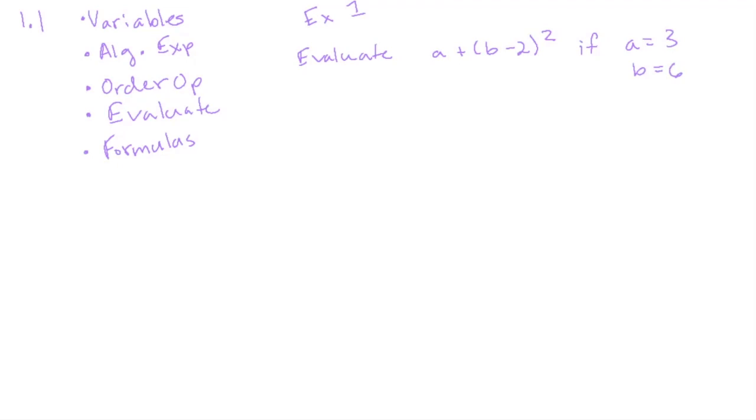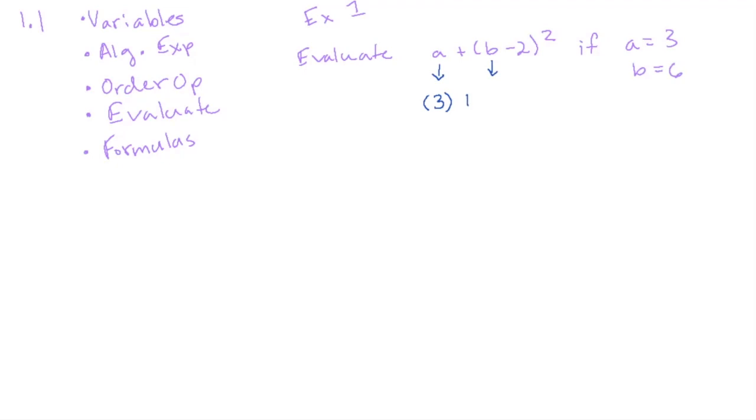So we're evaluating with a equal to 3 and b equal to 6. What you do is replace a with 3, and whenever I replace something, I just put a little parentheses around it. And now we're going to replace b with 6.